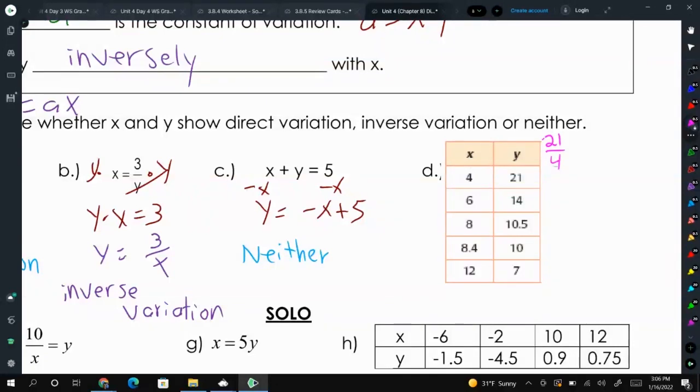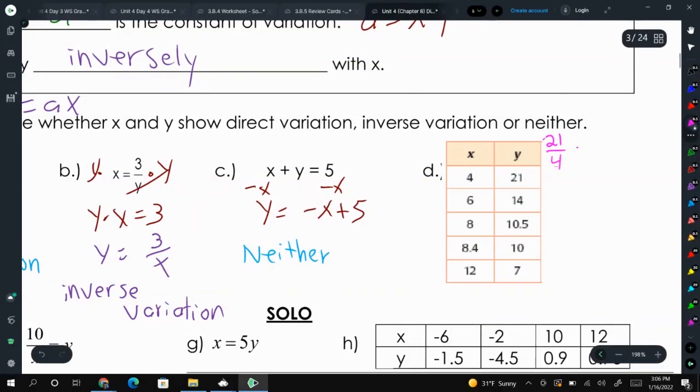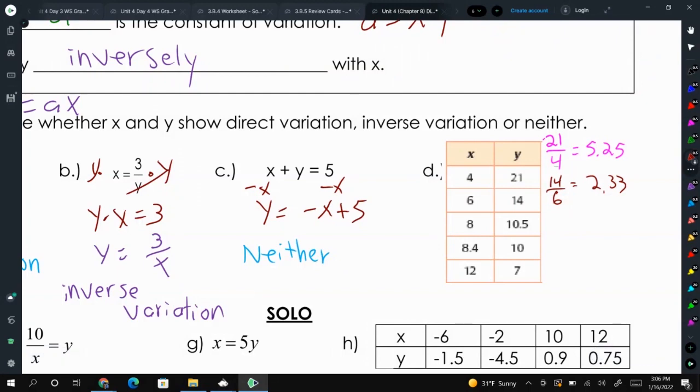So 21 over 4 is 5.25. And 14 over 6, we want to see if that is equal to 5.25, but it's equal to 2.33. So it's not direct variation.